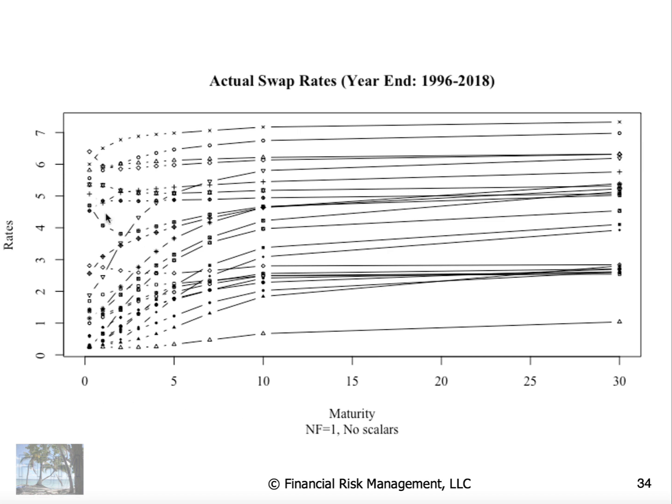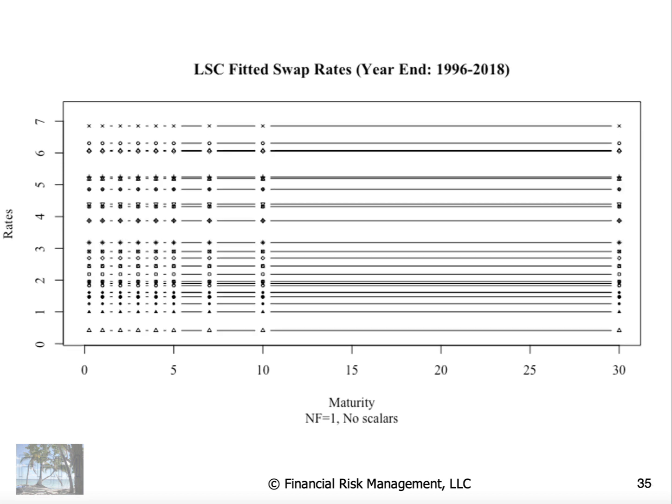There's a downward sloping curve, an upward sloping curve, low rates, high rates, just a whole host of different rates. If I try to fit this with a single factor, we would have just a flat curve. Concepts like duration, if you're familiar with it, assume parallel shifts in the curve.